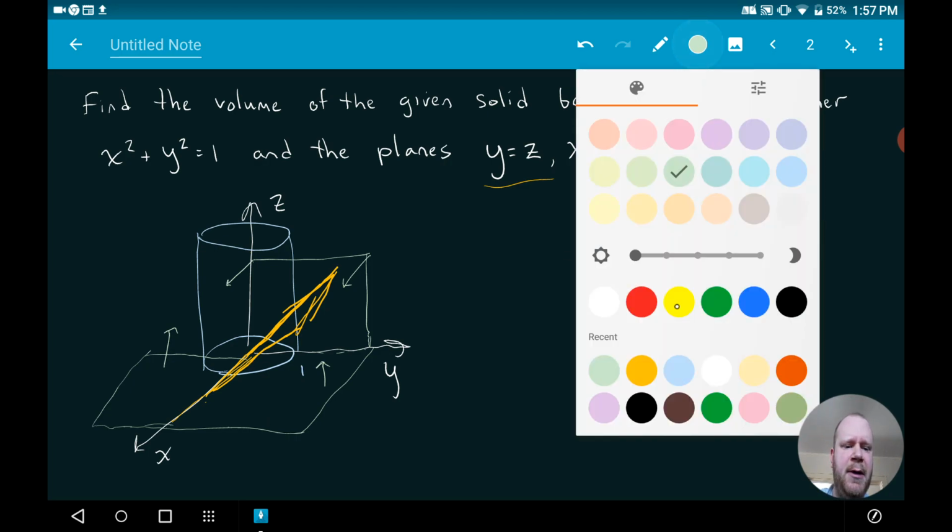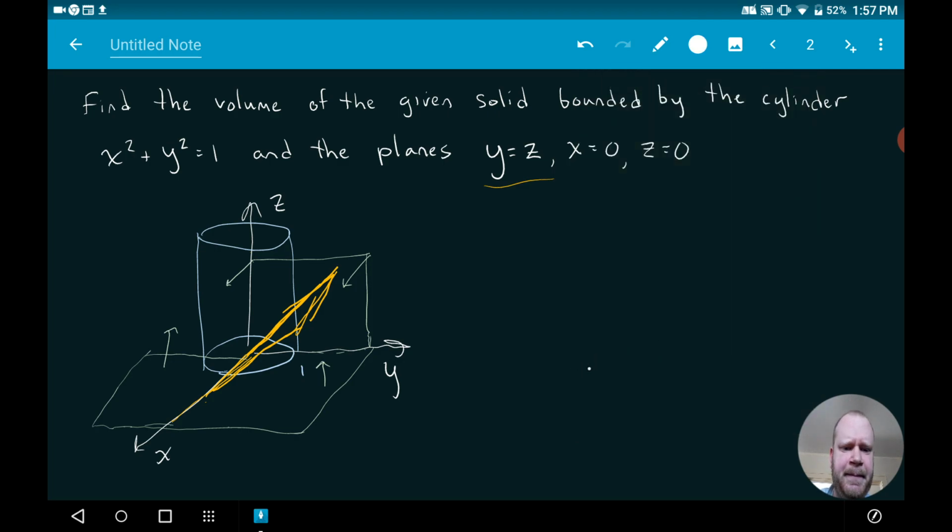So I'm going to make another attempt at trying to draw this. So the back wall here, if we look at the YZ plane, we've got this shape here.